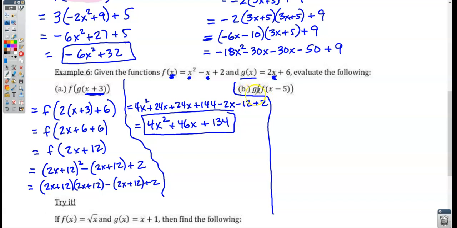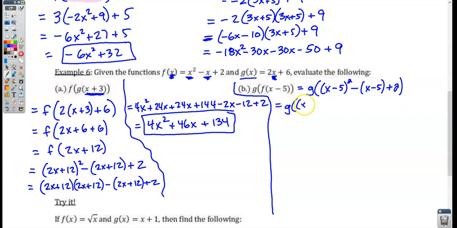Over here in part B, we're doing g of f of x minus 5. So we're going to put x minus 5 into f first. So this is going to be equal to g of, and we put x minus 5 into f here. So that's x minus 5, the quantity squared, minus x minus 5 plus 2. And we go from there.